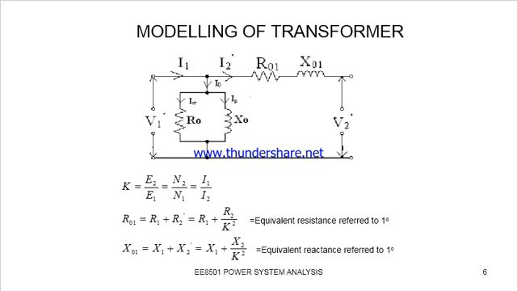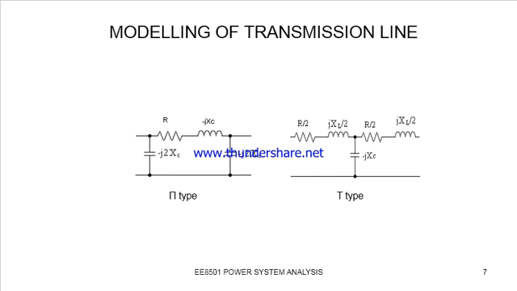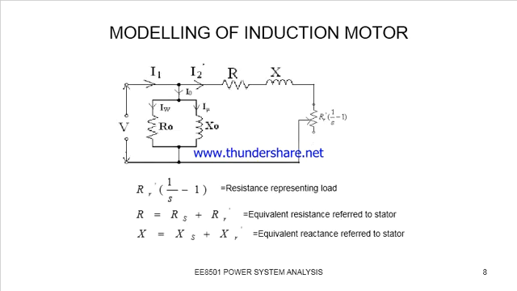Together we have an impedance, and the shunt parameters represent the winding current and the magnetizing current. The transmission line can be represented either by pi type or T type. And next, this is the induction motor, where we have the resistance, reactance, and the R0 and X0 values, and the load resistance considering the slip value S.